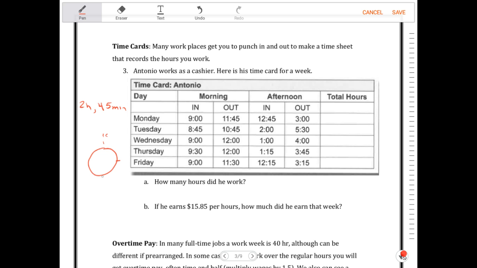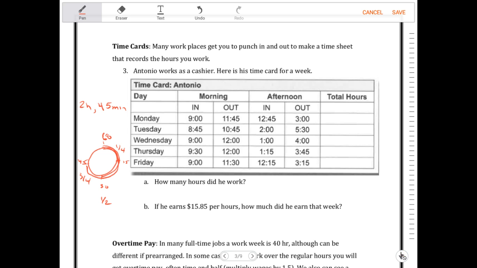This is 1/4, this is the half hour. So this is 15 minutes, this is 30 minutes, this is 45 minutes, and here's 60 minutes. So we're going around in an hour. If you start here and work this much, that is 1/4 of an hour. If you work from here to here, that's 30 minutes, that's 1/2 of an hour. If you work 45 minutes, that's 3/4 of an hour.